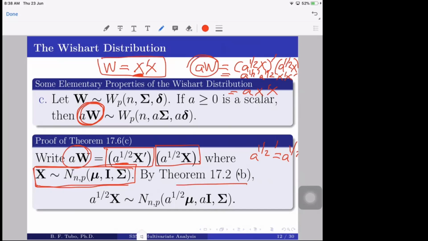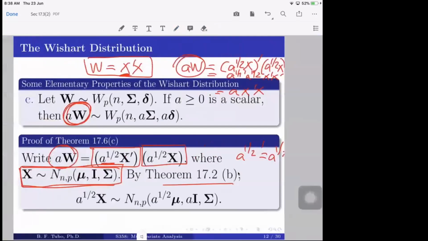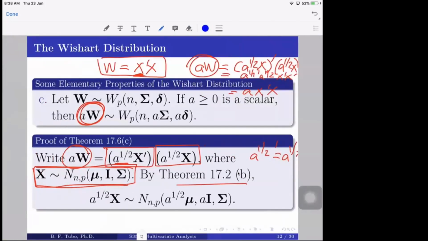That was only yesterday, no? 17.2b, if we pre-multiply a normal, if we have an x which is normal with mu, psi, sigma, and we pre-multiply it by an a, it becomes normal with a mu, a squared psi, and sigma.